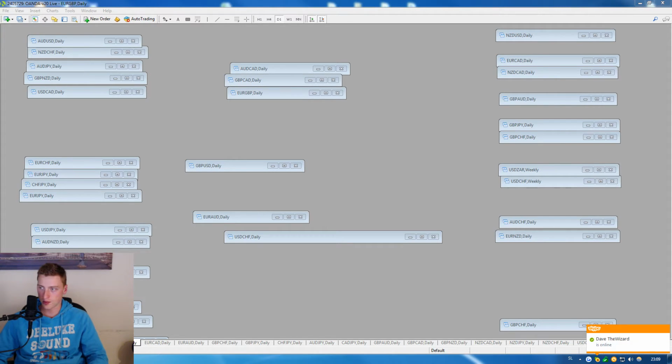Aussie Cat and Pound Cat. Okay, they're not correlated at all. I mean, negatively 9%. So nothing worth mentioning.